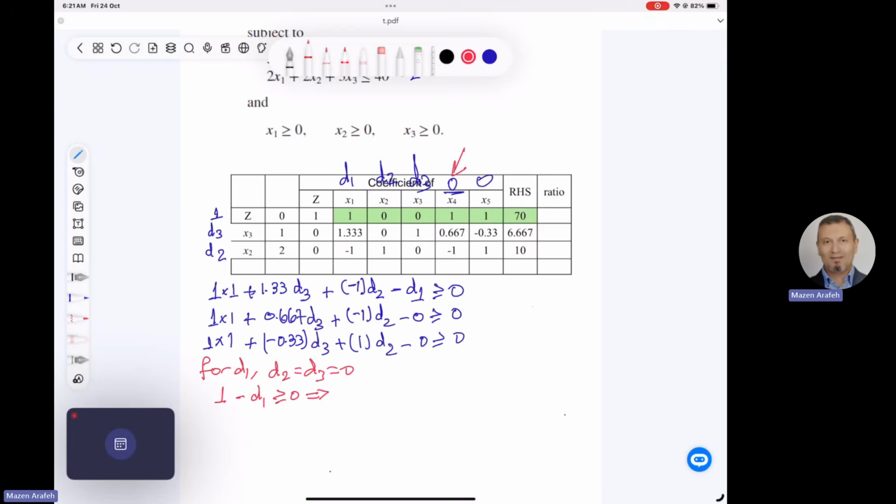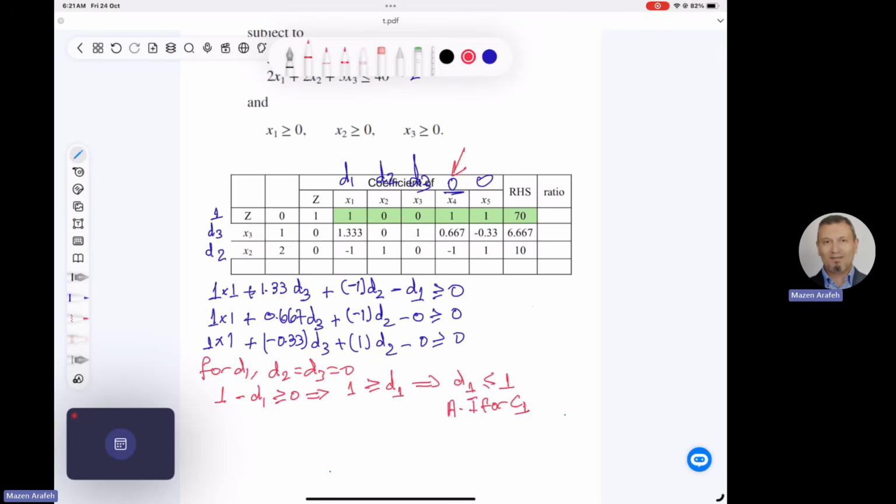Therefore, 1 is greater than or equal to D1, so D1 is less than or equal to 1. So this will be my allowable increase for C1.